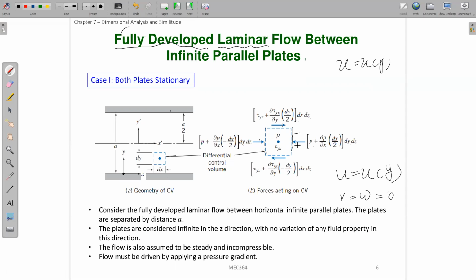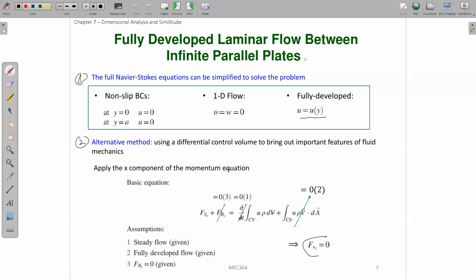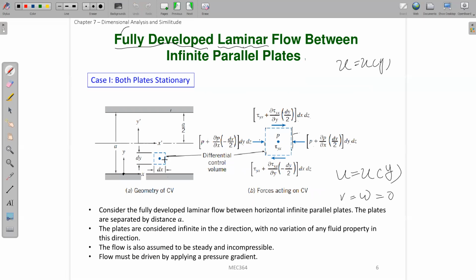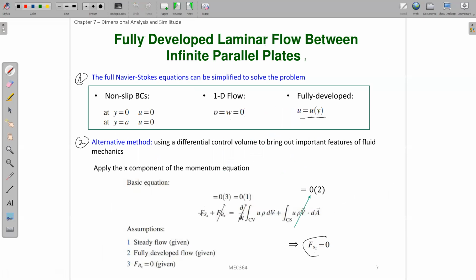So after we apply this x momentum equation inside this control volume, this is what we find. Remember that this is 0 because we neglect the gravity force. This is because the flow is steady, and this one is because the flow is fully developed. How much is flowing in is just equal to how much is flowing out, so this also has to be equal to 0. So the only thing left is this one.